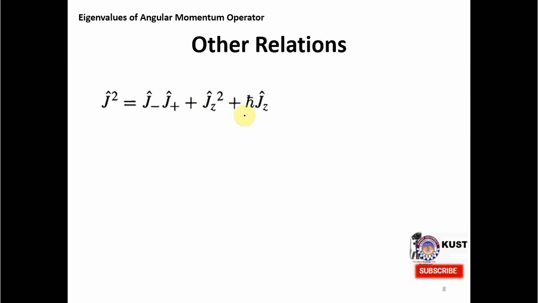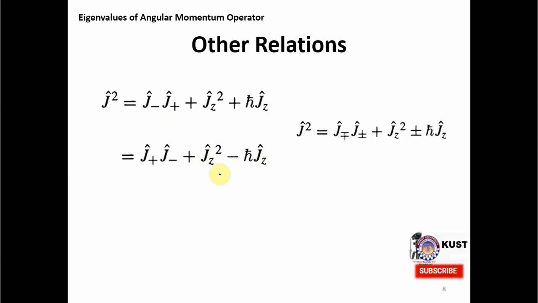We can also derive this, and another one: this j square can also be written, if you invert the order, as j plus j minus, plus jz square, minus h bar jz. Combined, you can write that j square is equal to half of j minus j plus plus j plus j minus, plus jz square, where the plus and minus are combined.